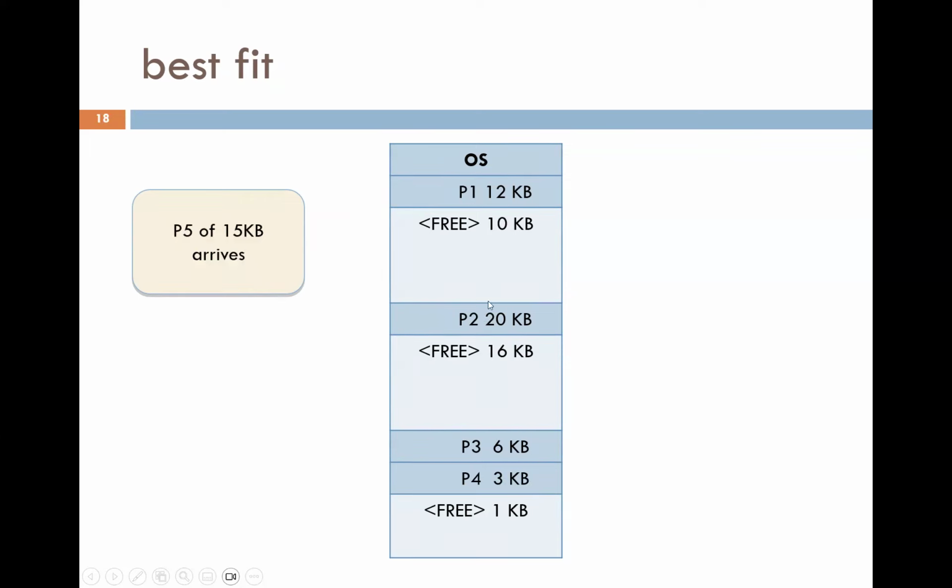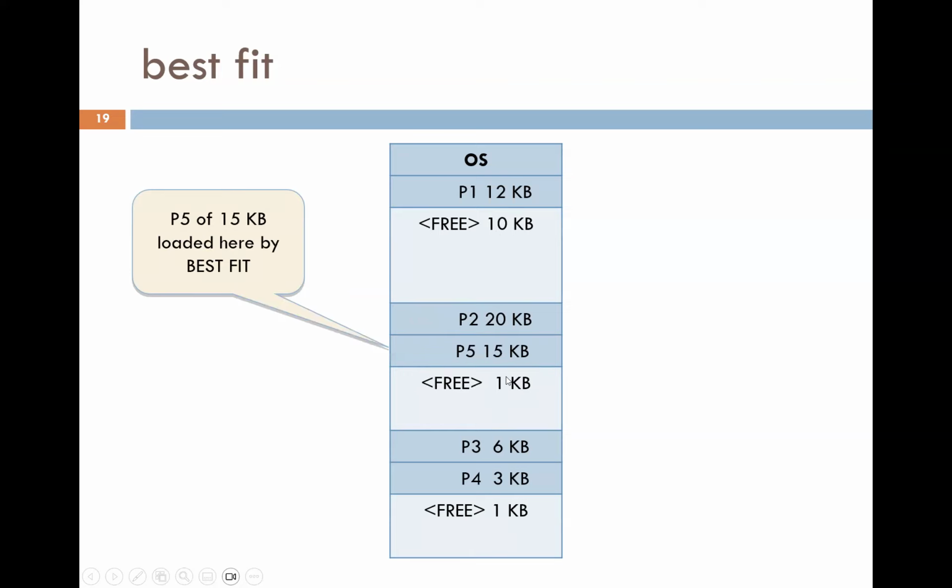So there are only two free holes, 10 KB and 16 KB. Out of these two, 16 KB is large enough for this process, so it will occupy this hole. You can see that process P5 gets loaded here, and this hole again has internal fragmentation of 1 KB. So this is the best fit.